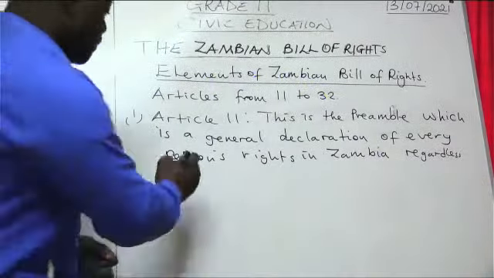So our Zambian Bill of Rights talks about that. Actually, our Zambian Bill of Rights takes most of these provisions from the International Covenant on Civil and Political Rights. So it talks about our freedom from slavery and also forced labor.